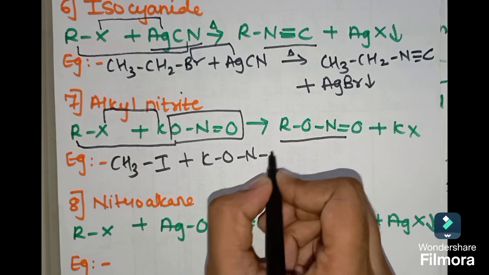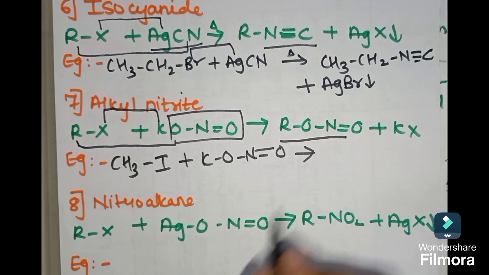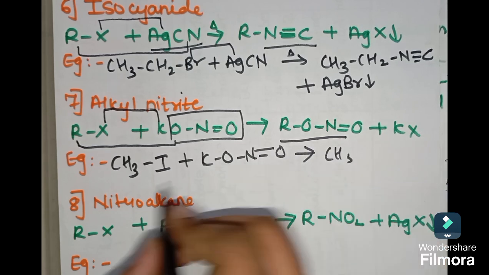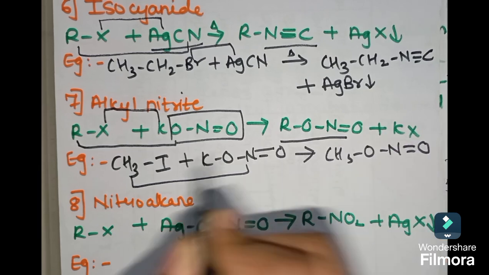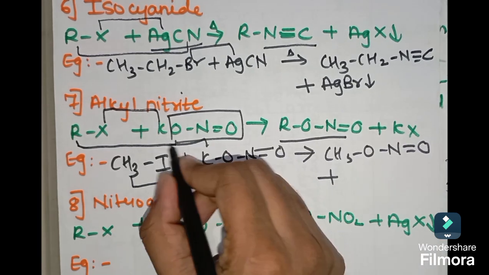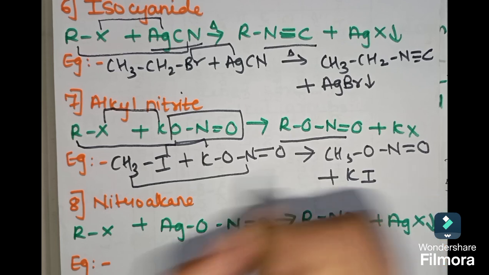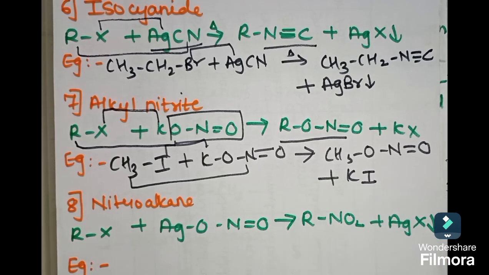When it reacts with potassium nitrite, the CH3 will combine with this ONO, it will form methyl nitrite, plus KI, that is potassium iodide, is formed as a byproduct. If you have to write the statement, you will write: when iodomethane reacts with potassium nitrite, it forms methyl nitrite and potassium iodide.